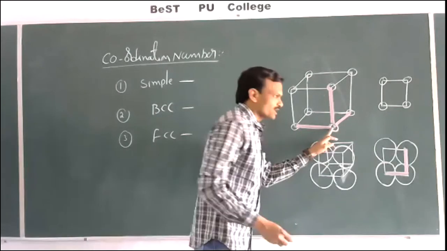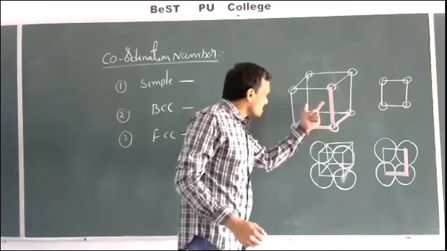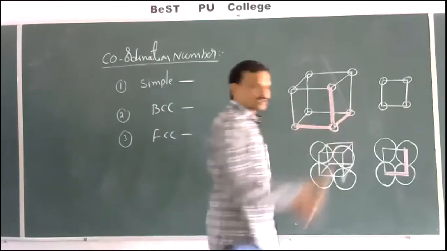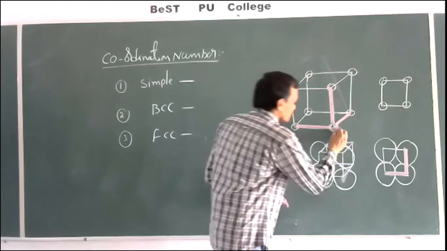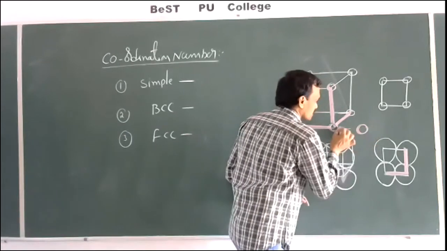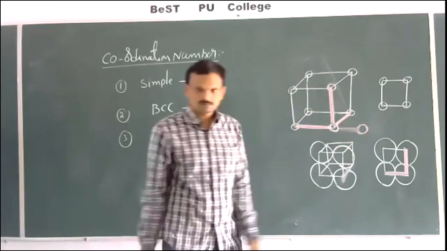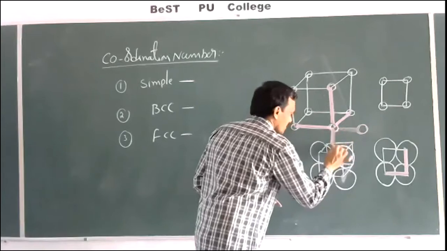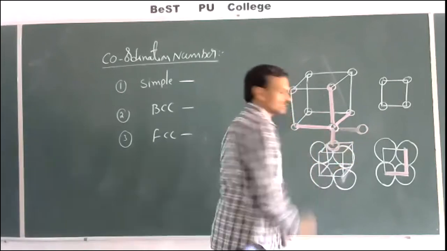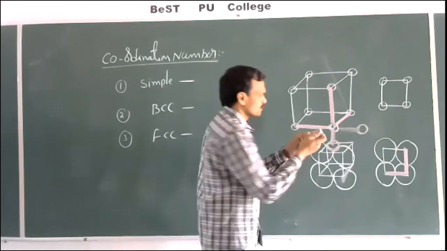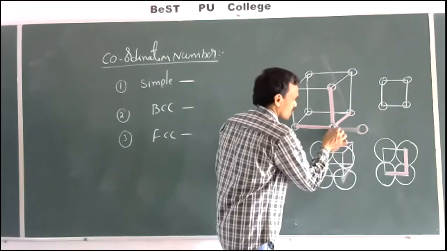Here, this is not only in contact with 3 particles. Within this unit cell, it is in contact with 3 particles. Actually, it is in contact with other unit cells also. On this side, it is in contact with another particle like this. Next, downward, it is in contact with another particle, and towards the view one more particle.